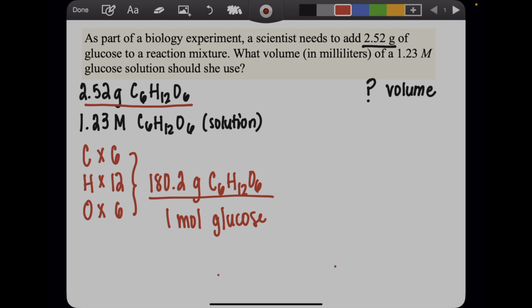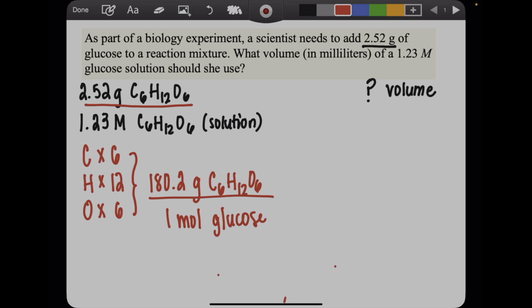So if you don't know how to solve this yet, then I suggest you take a moment and figure out how to calculate molar mass, because this is super important in this type of problem, especially when we're doing a relationship between moles and mass and volume when they give us a concentration of a solution.